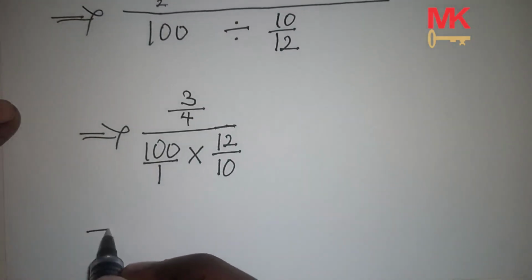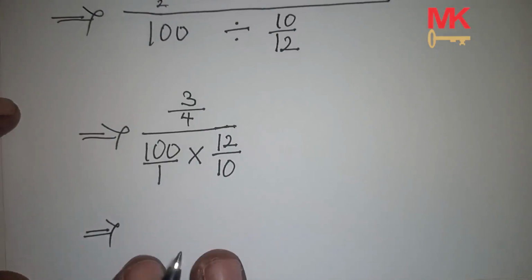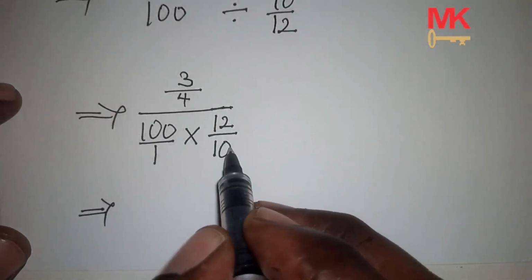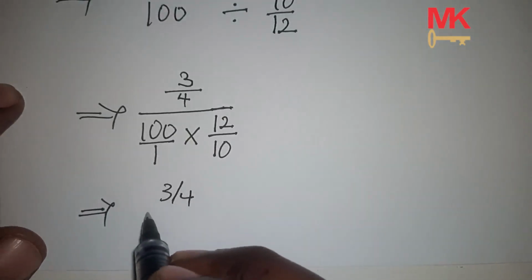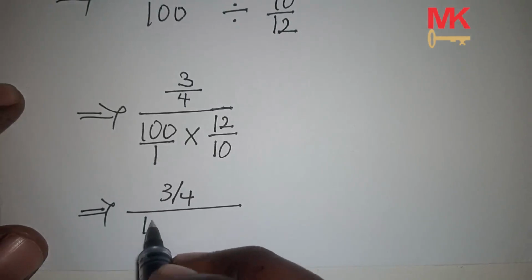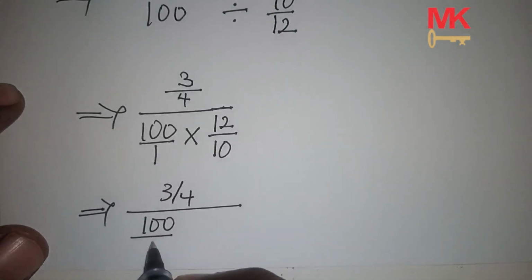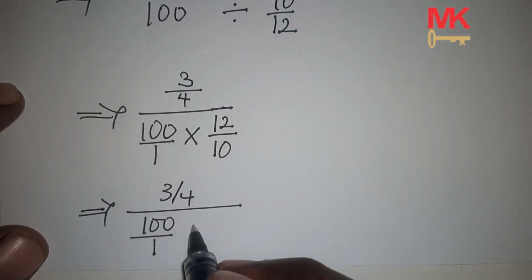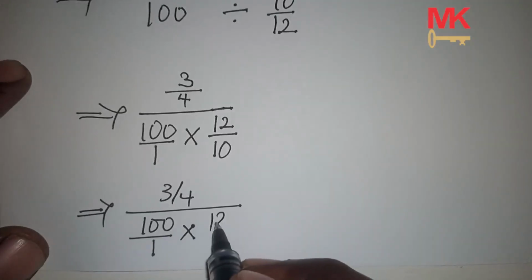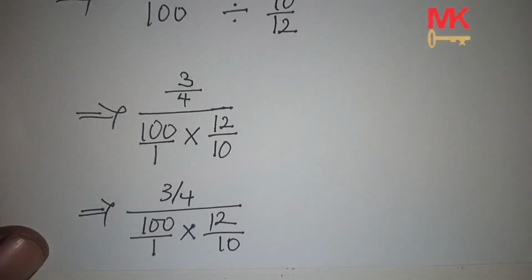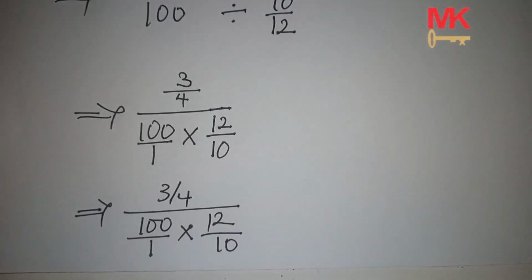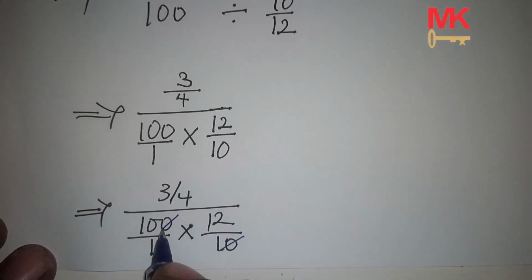So at this juncture, we'll now have that this implies 3 over 4 divided by 100 over 1 times 12 over 10. So you can see that at this point in time, the 0 here cancels the 0 here.